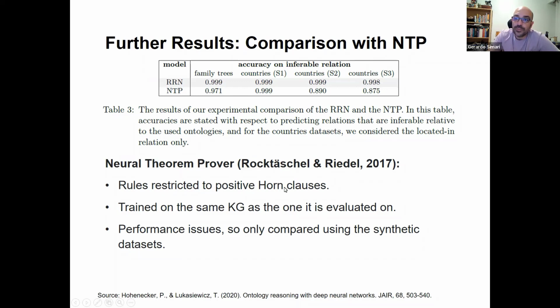And the authors point out that it's trained on the same knowledge graph as the one it is evaluated on, which is not ideal. And it also has performance issues, so we're only able to compare it, as we can see here, on the synthetic or toy data sets.